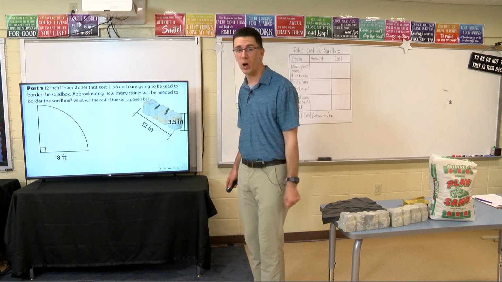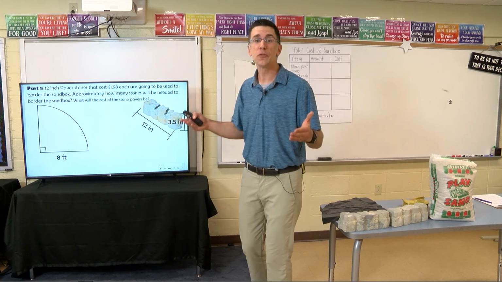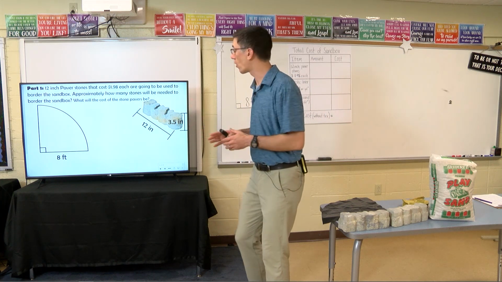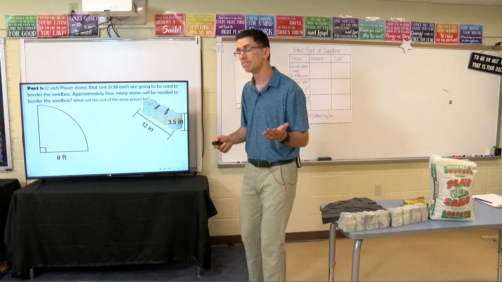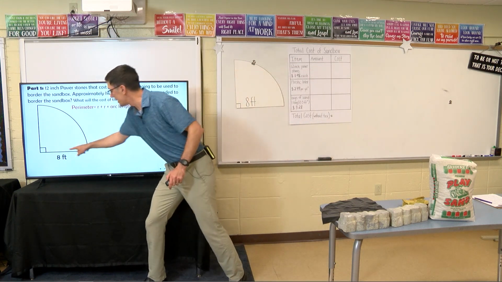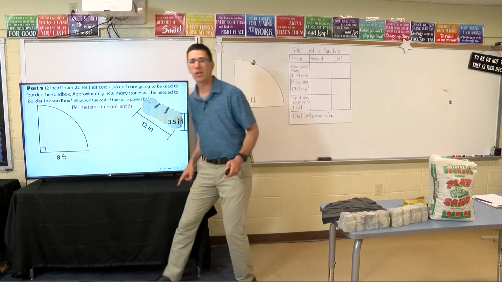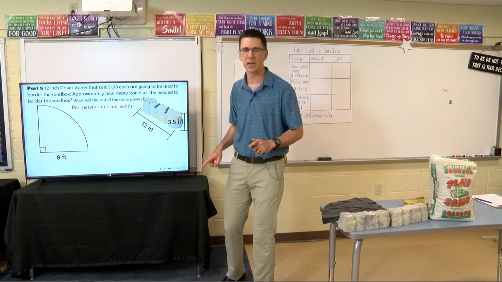Now remember, on part one, we're trying to figure out how many stone pavers we need to fit around the perimeter of our sandbox. Now, if you think about it, the perimeter here is actually a quarter of a circle. And we'll look at that more in a minute.